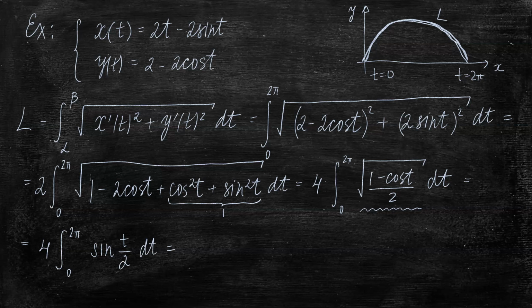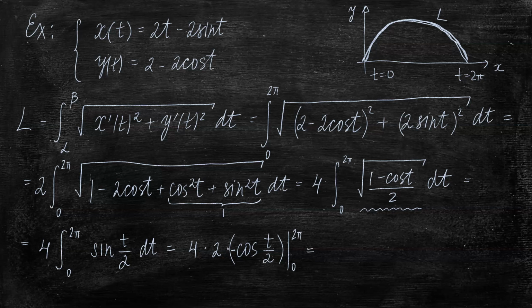Now we simply integrate, and the antiderivative of that is negative cosine here, and we evaluate it between 0 and 2 pi.